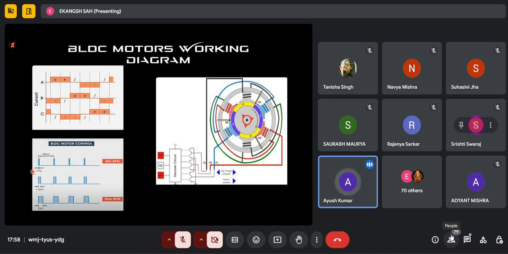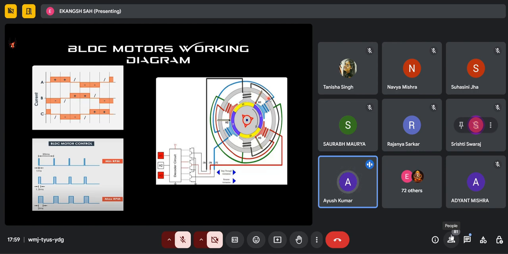So here is the working diagram of the brushless DC motor. In the right diagram, the inner part where rotating arrows are shown represents the rotor of the BLDC motor. The outer part represents the stator, which is stationary.